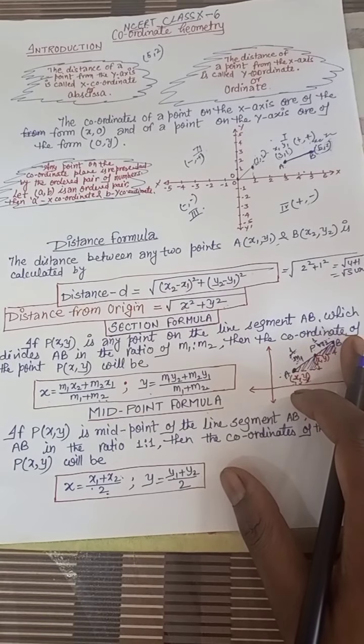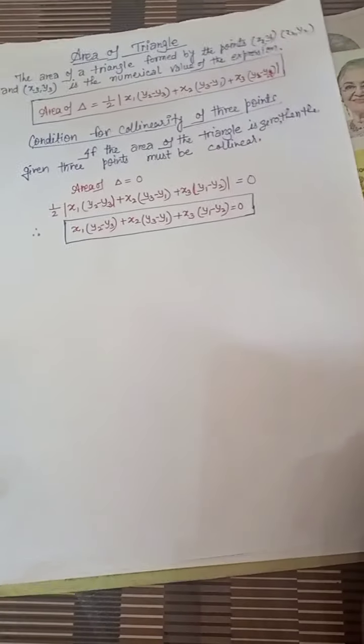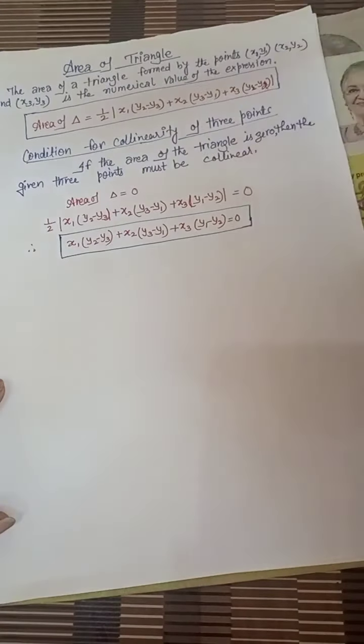Okay, next, the last formula of coordinate geometry: the area of a triangle.